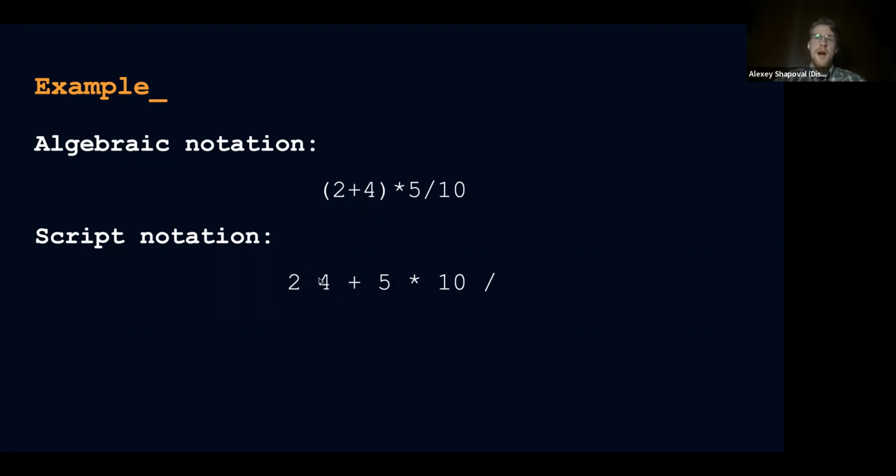These numbers are called operands. They are the objects of operations. And the plus, the multiplication, the division sign, is the operator which performs some operation based on operands. So 2, 4, then we have the plus operator.